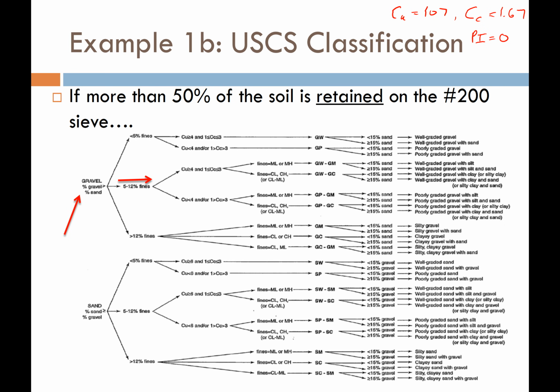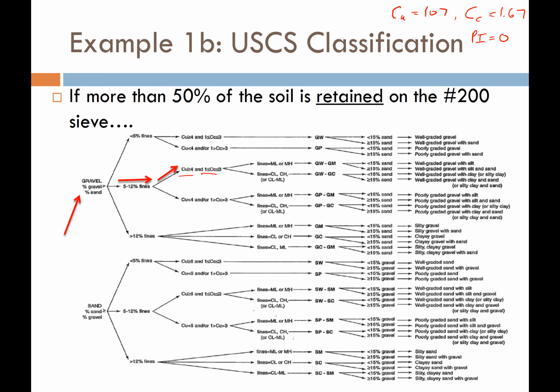Okay, next question. Is our uniformity coefficient greater than or equal to 4? Yeah, it's 107, so it's a lot greater than 4. Is our coefficient of gradation between 1 and 3? Yes, it is. So these two items hold true, so we know that's the direction we need to go. If either one of those things was false, then we would have gone the other way.